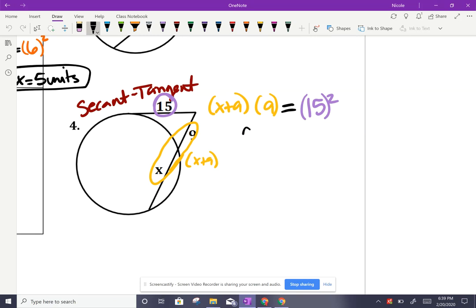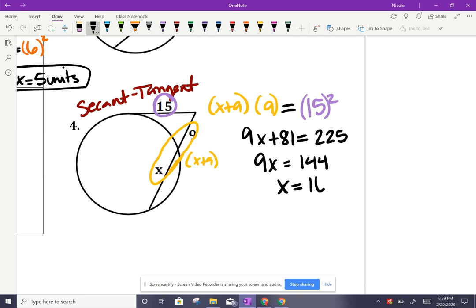So we distribute, we get 9x plus 81 equals 15 squared, which is 225. You get 9x equals 144. Divide by 9, and you get x is equal to 16 units.